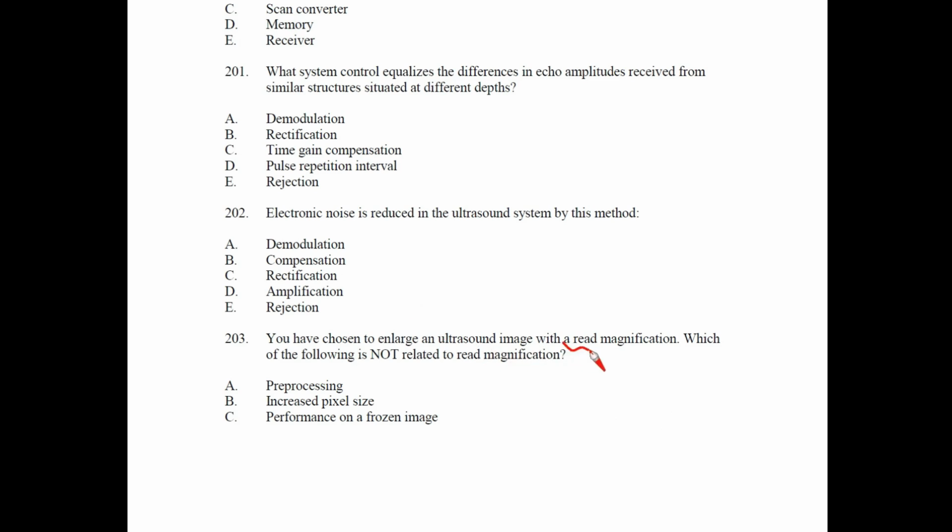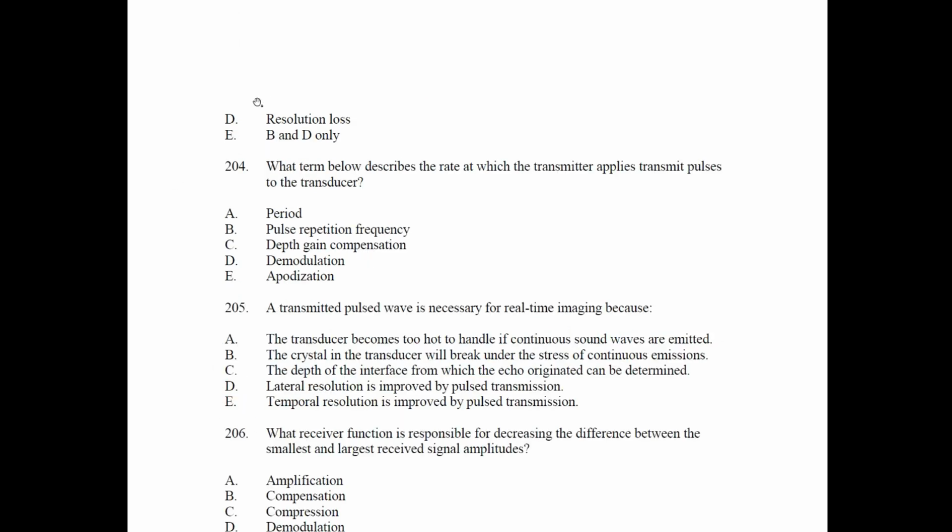In this question, you are asked to choose the incorrect statement regarding lead magnification and lead zoom. The correct answer would be option A. Since lead zoom is a typical post-processing method, you can select option A, which says it's pre-processing, as the correct answer. The remaining options B and C, as well as the next choice, are all related to lead magnification.